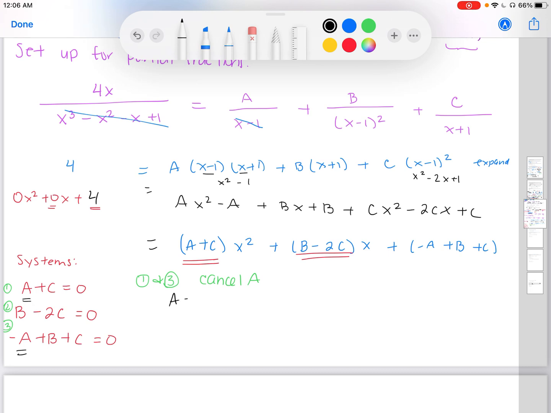So we have a plus no b plus c equals 0 for equation 1. Equation 3 gives us negative a plus b plus c equals 0. Those cancel. We're left with b plus 2c equals 0. And now we can take equation 2 and our new equation.